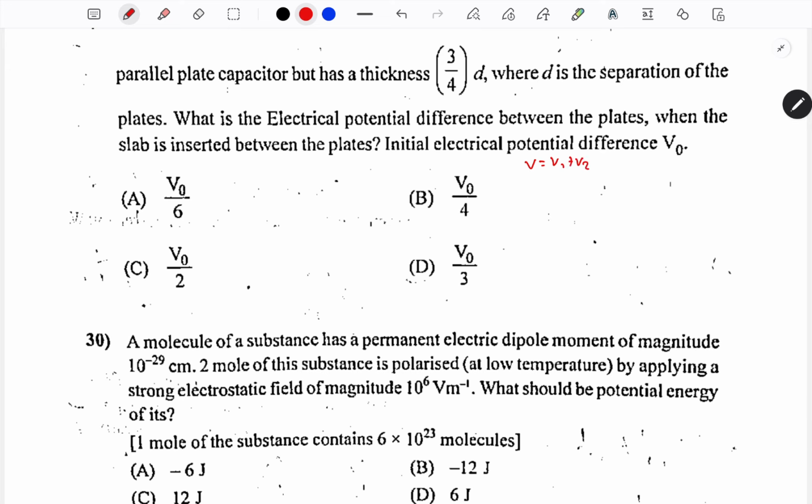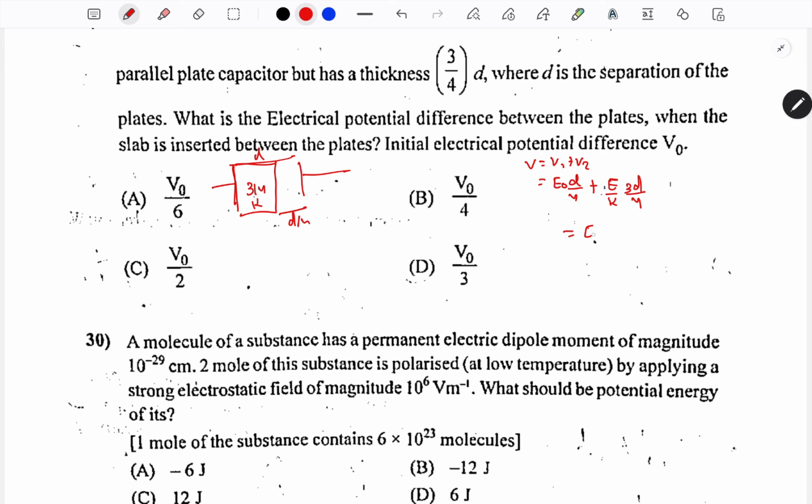V2 in this case, and V1 is equal to E0 by D into 4. Why? Because let's say the total separation of plates is D, and till 3/4 it is dielectric, and for the remaining D/4 there is nothing, so it is D/4 plus E by K into 3/4.